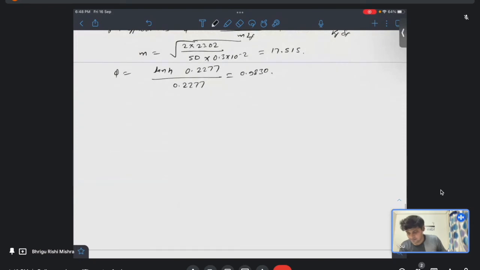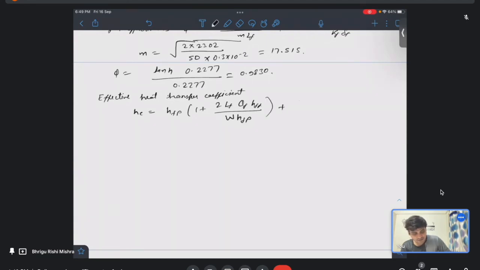Okay, then the effective heat transfer coefficient, so H equals HFP times 1 plus 2 LF by W times HFF, divided by HFP plus HR, times HFP, divided by HR plus HFB.